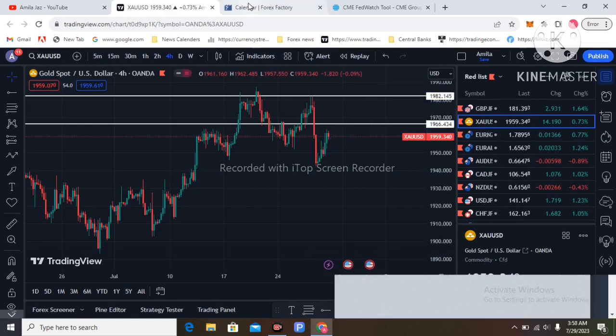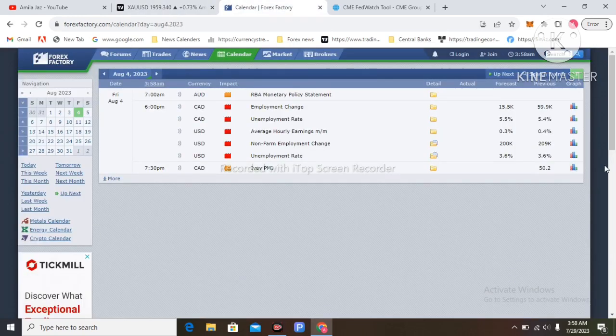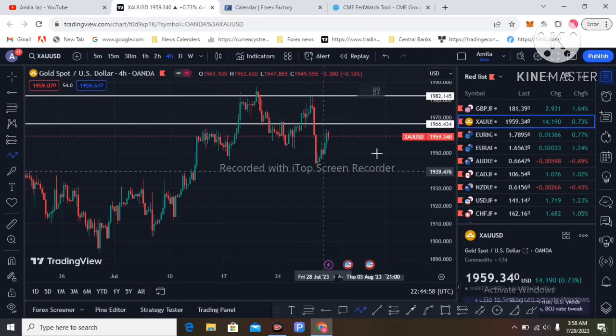On the other side, if the non-farm employment change is higher than 209k, like 250k or 300k, that is a positive figure for the US dollar. That will drop gold to the 1930 or 1920 levels.